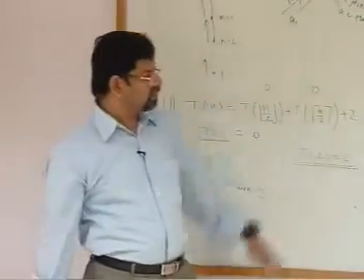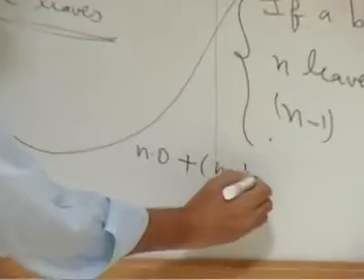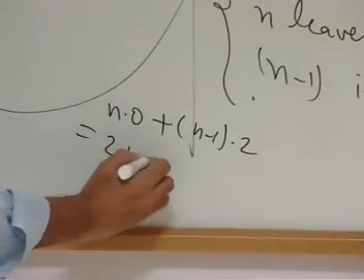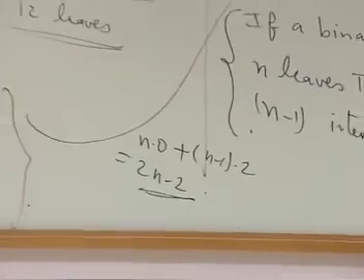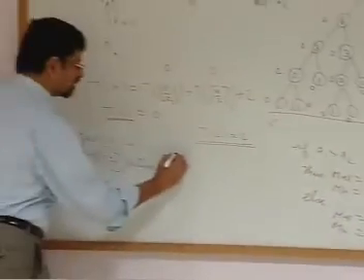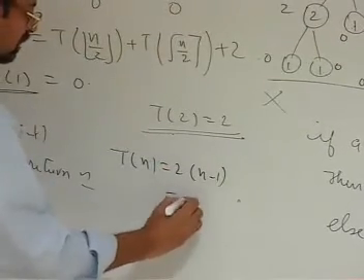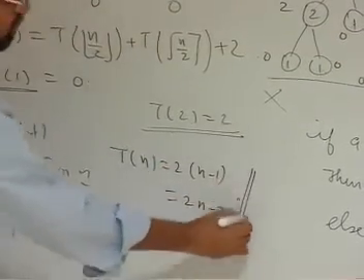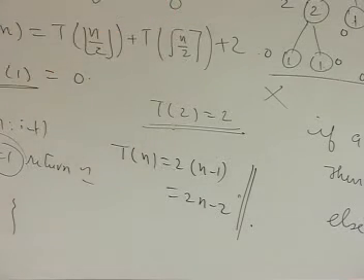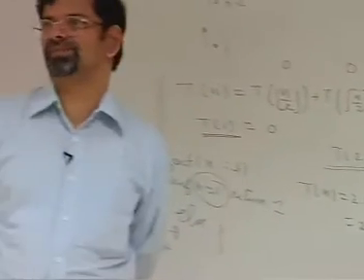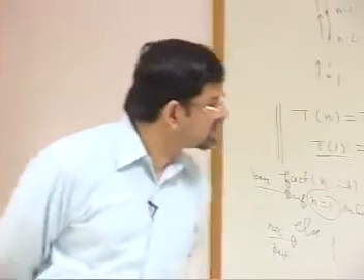So the total number of comparisons is n into 0 plus n minus 1 into 2, that is equal to 2n minus 2. This is what we have observed. So this recurrence equation has a solution T of n equal to 2 into n minus 1, that is 2n minus 2, and that is understood now through the tree.